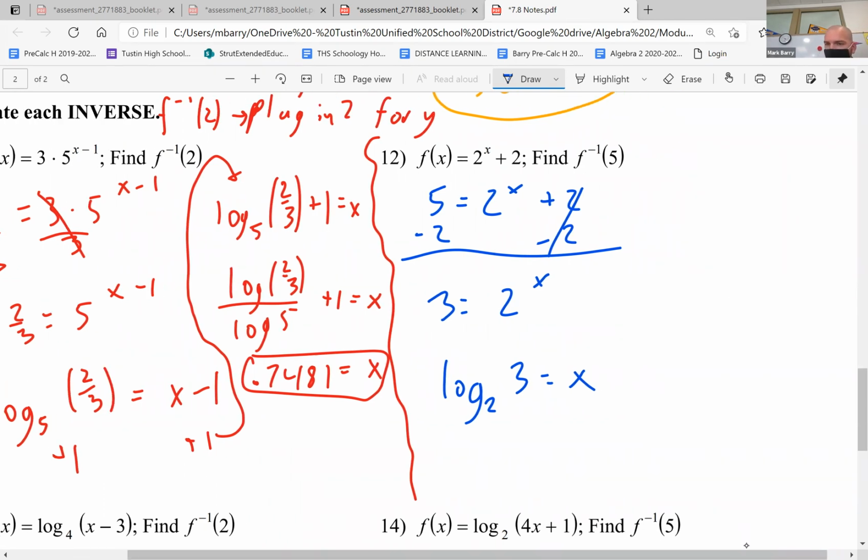But remember, I type it in the calculator as log 3 over log 2.